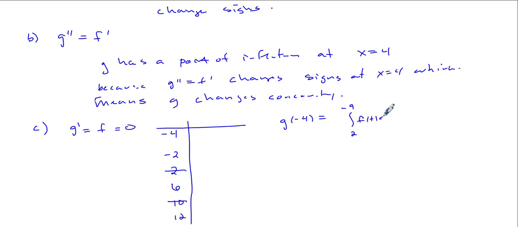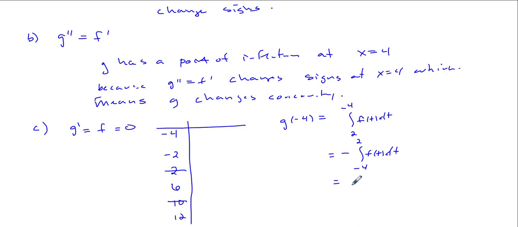G of -4 equals the integral of F of t dt. Well, I know there's a problem there, so -4 to 2, F of t dt. Okay, find the area under the curve of F from -4 to 2.